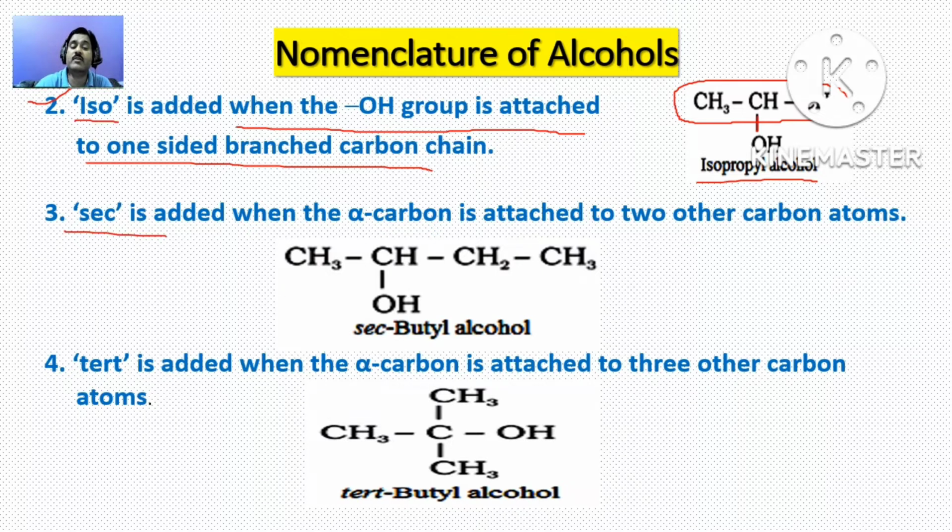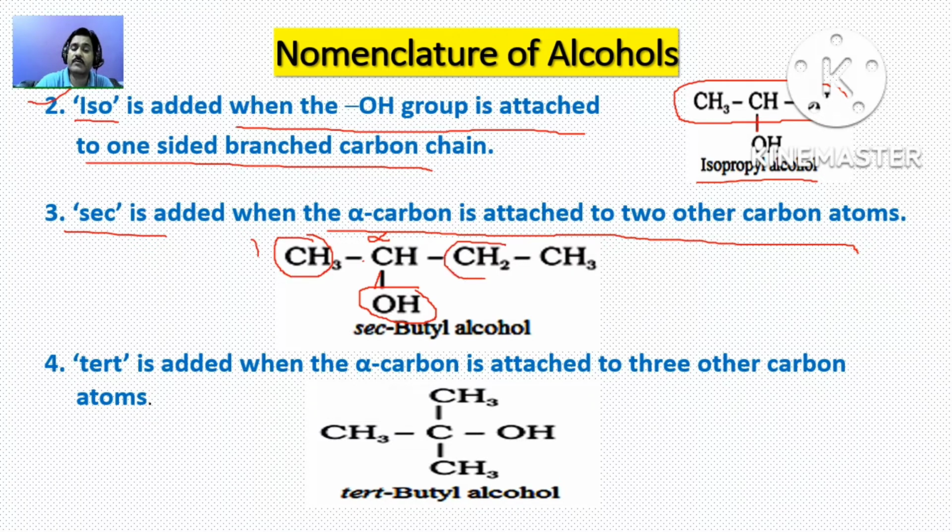Similarly, the word secondary will be used when the alpha carbon is attached to two carbon atoms. Here the OH functional group combines with that carbon, which is called the alpha carbon. Here the alpha carbon atom combines with one methyl group.